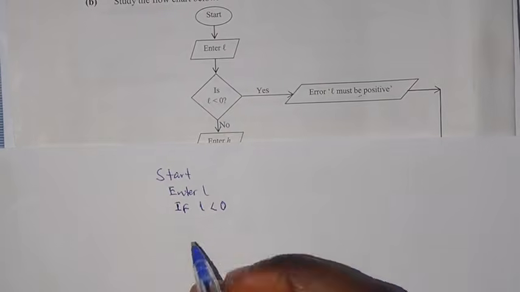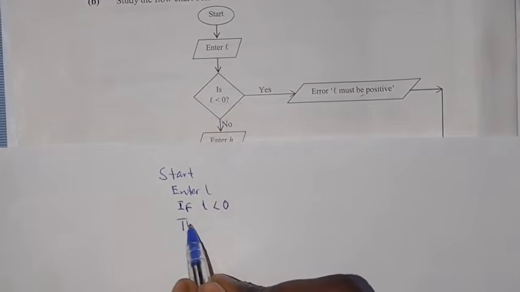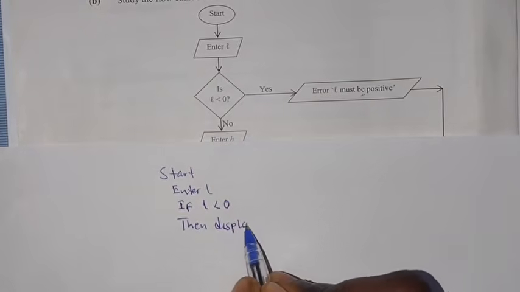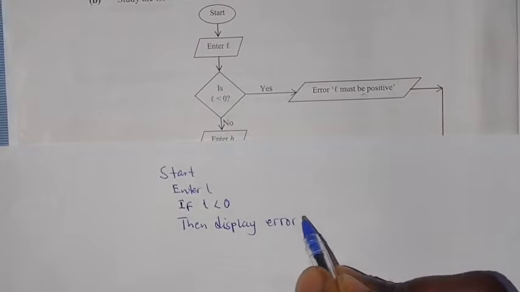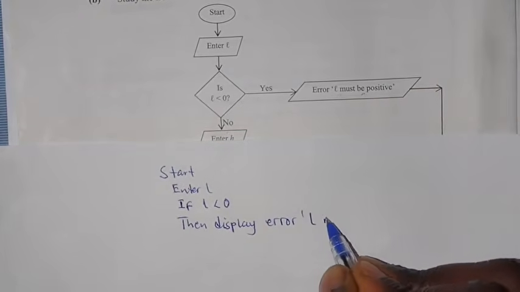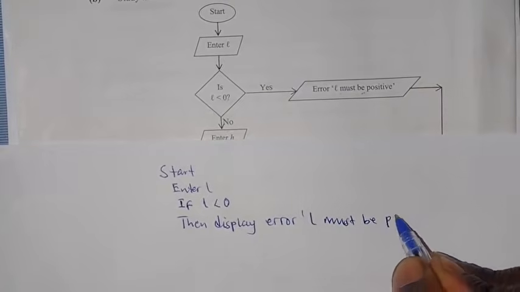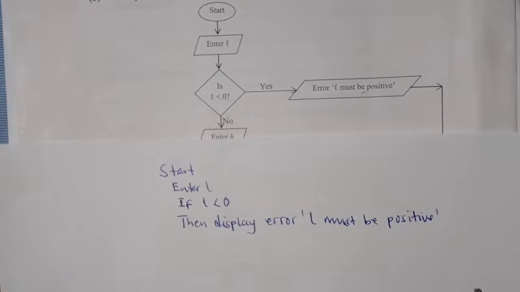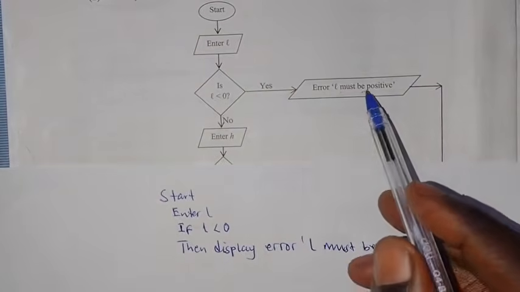You put L must be positive, and you close. Now we are done; we display the error message here.